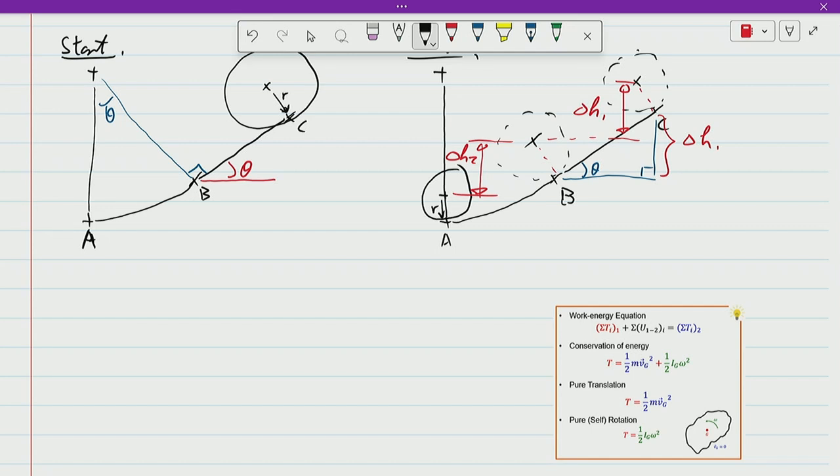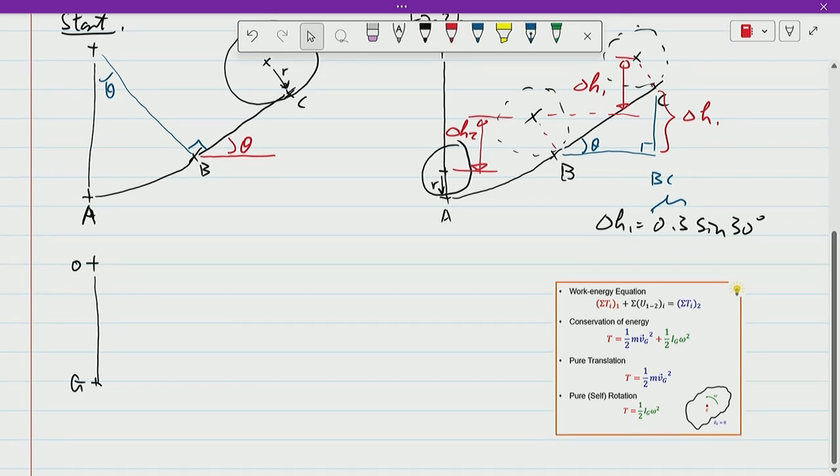Delta H1 is pretty straightforward: 0.3 sine 30 degrees, 0.3 being BC. Now, finding delta H2, that's the trickier bit. Instead of going all the way to A, we're just going to stop at the gravitational center, G here.